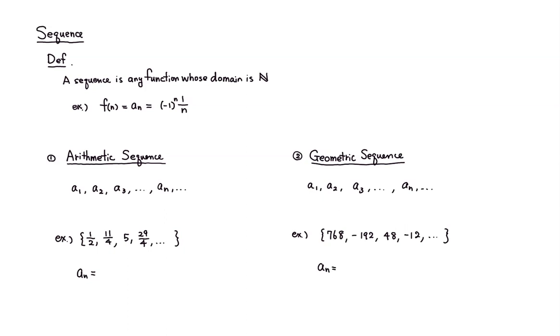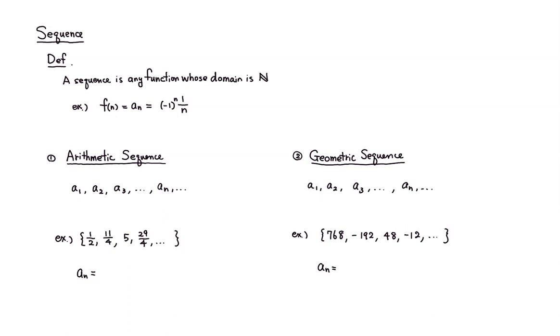So here's an example. We can call the sequence a_n. Since we can think of it as a function, I'm going to call it f(n) also, so f(n) is equal to a_n. It's defined by this particular function here.